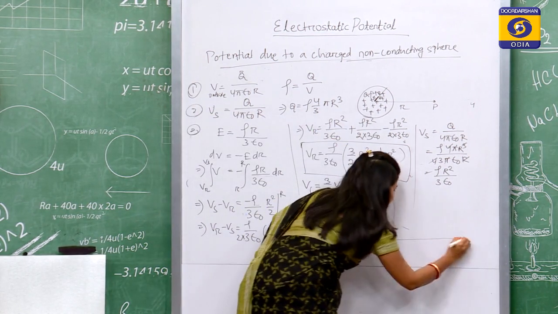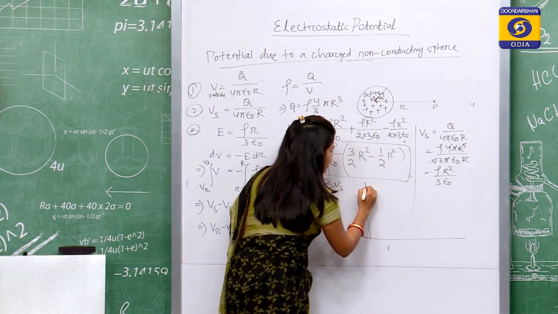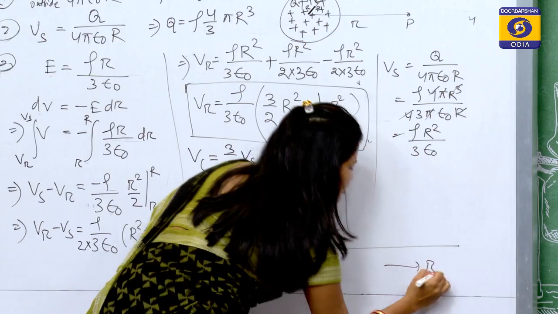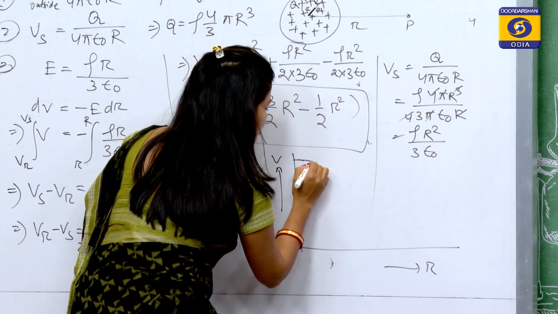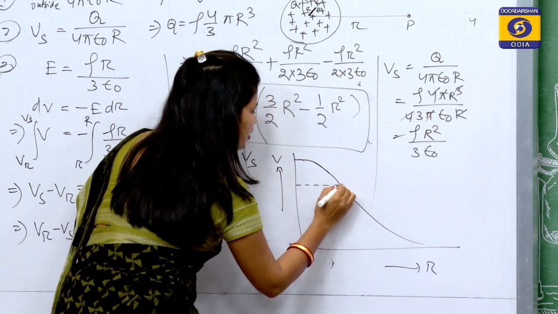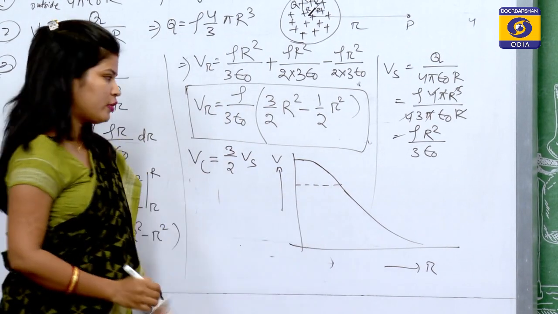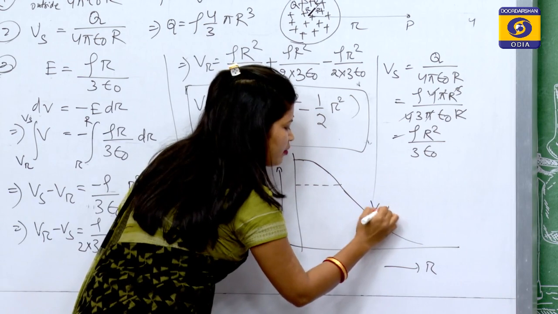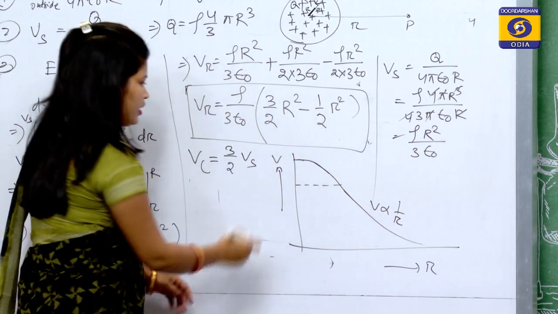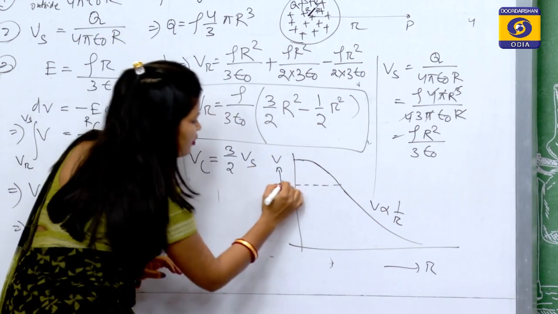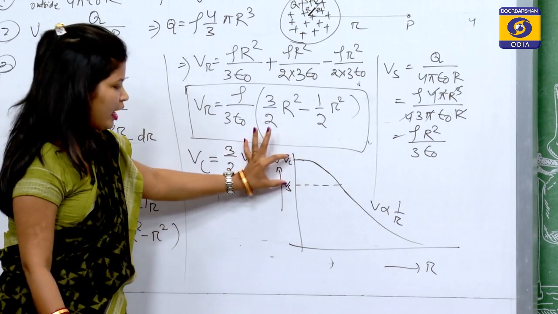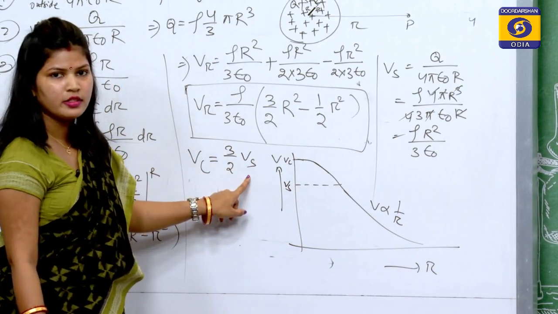So, when I make a graph, at the center it is maximum, and when I go outward it will go on decreasing in this way, and at the surface it has a fixed value, and outside, as V is inversely proportional to r, it will go on decreasing. See, at the surface it is Vs and at the center it is Vc. So, at the center this is 1.5 times the potential on the surface.